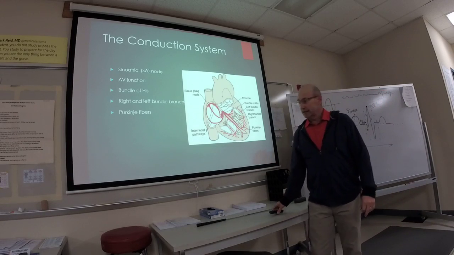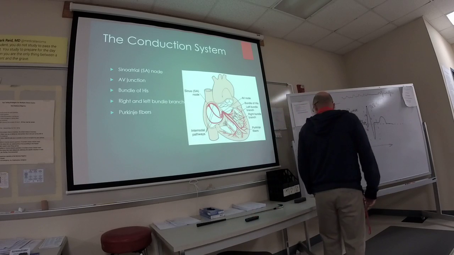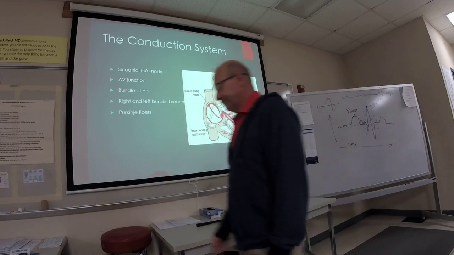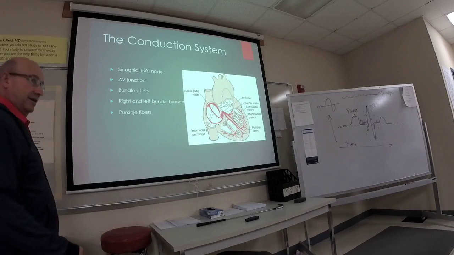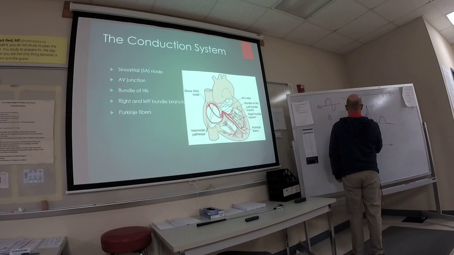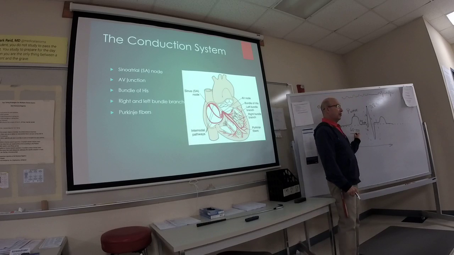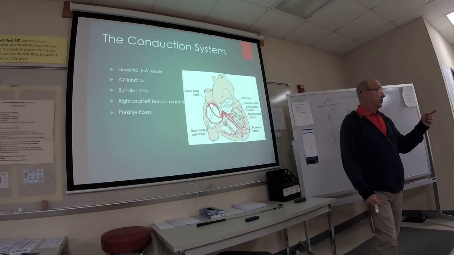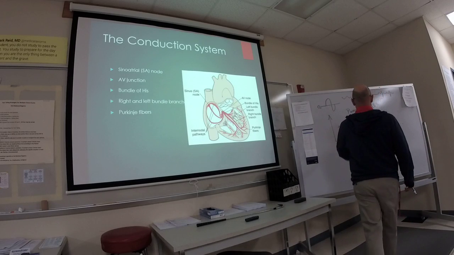Who remembers what the intrinsic firing rate, or the intrinsic depolarization rate, is? 60 to 100, right. 60 to 100 is the normal depolarization rate of the SA node. What is that equal to? It's the normal heart rate of an adult.